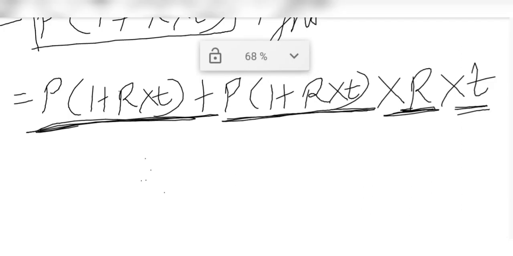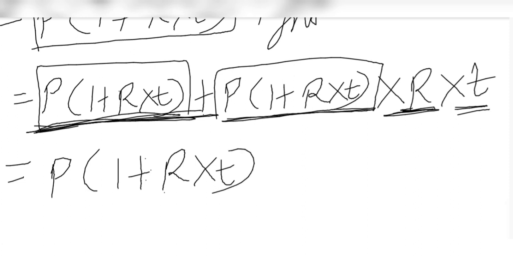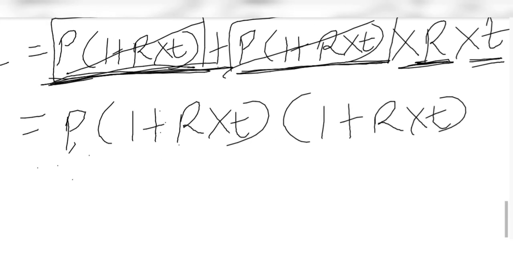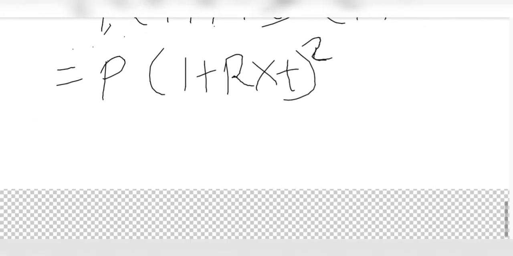Now this is the common factor here. So P into 1 plus R into T, and on the bracket 1 plus R into T means P into 1 plus R into T squared. Now we take the third year maturity.